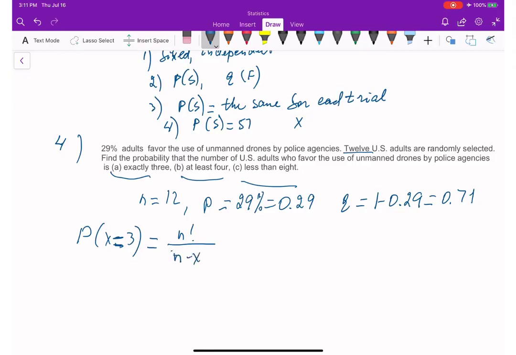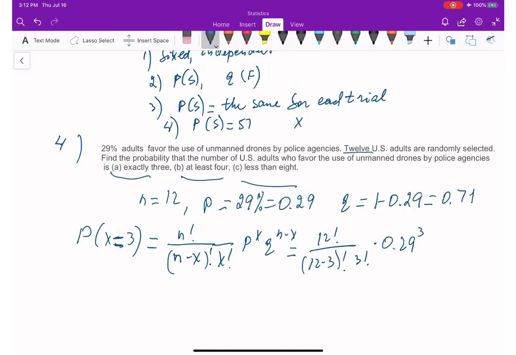All you're going to do is plug in n, x, and the probability of success, and it will give you the answer. So that's going to be, oh, hold on, times p to the x, q to the n minus x. If you plug in all your numbers, it's going to be 12 factorial over 12 minus 3 factorial and 3 factorial, times 0.29 to the power 3 times 0.71 to the power 9.